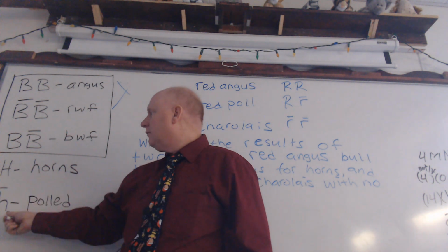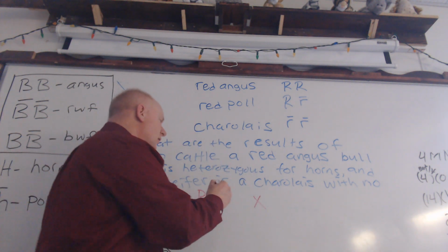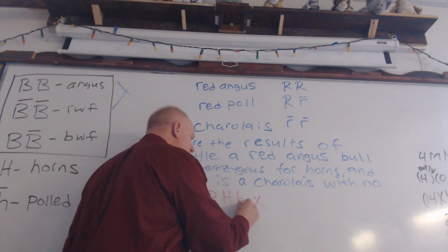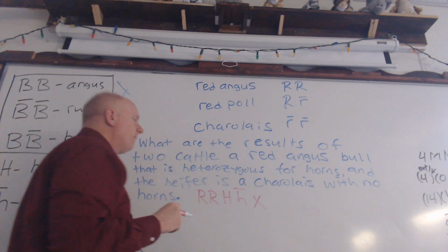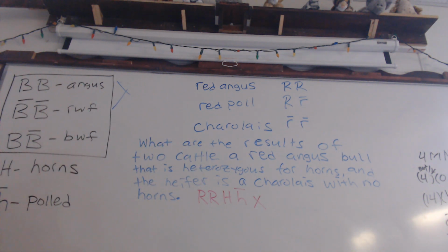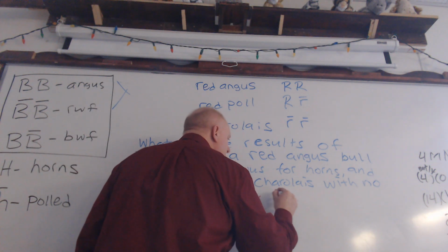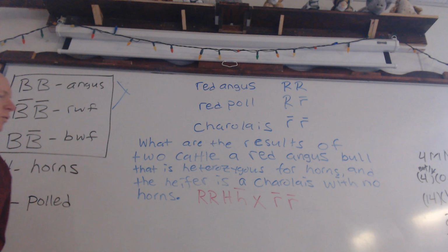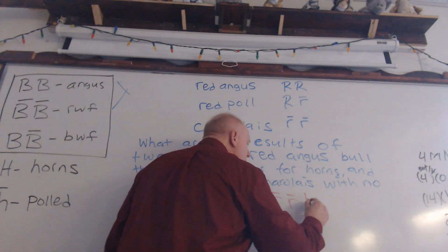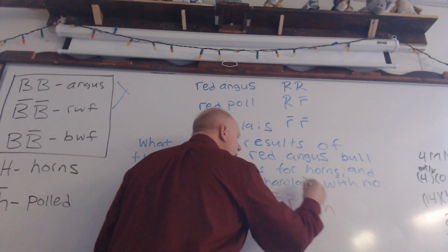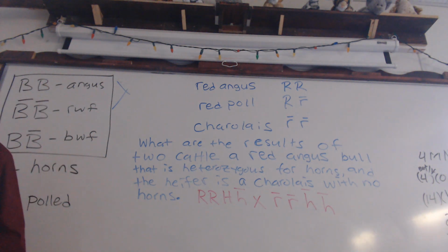One of each. So we have capital H and lowercase h. Now, what is the Charolais coat color? Two little r's. And what does it mean if we say no horns? Two little h's.